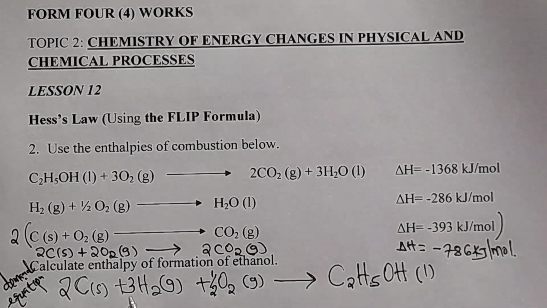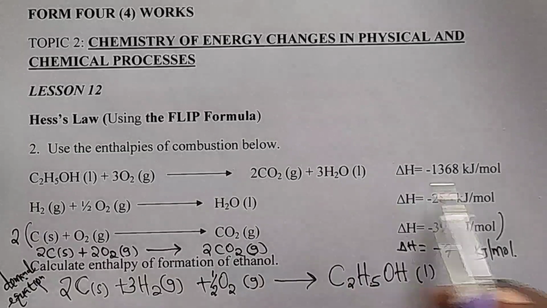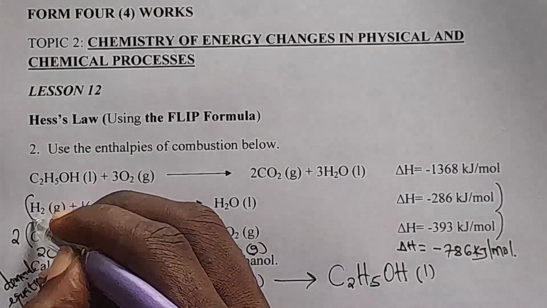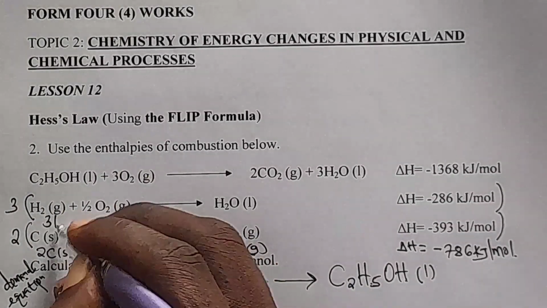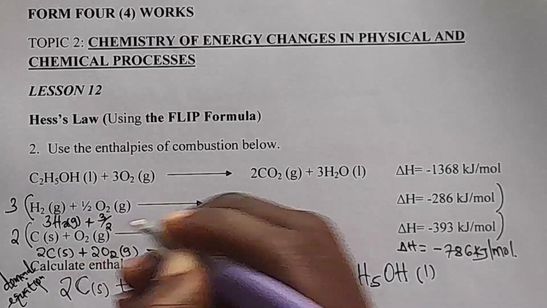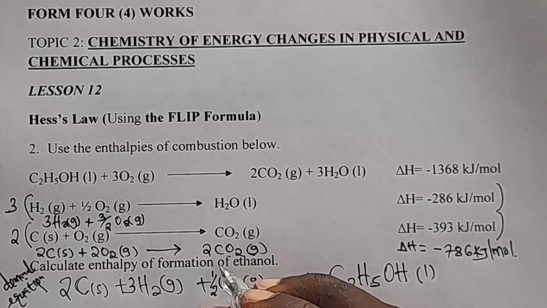Okay, next, here we have hydrogen gas, 3 mole of hydrogen gas, and this is the thermochemical equation that has that hydrogen gas. So you put bracket, then you multiply by 3. Then we are going to get 3 hydrogen gas, plus 3 over 2 of oxygen gas. We are multiplying this 3 by this half.